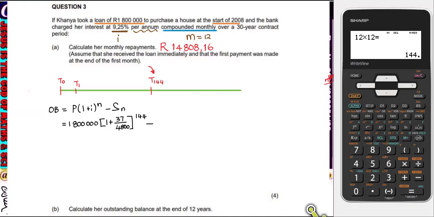Then minus. Remember, I'm using the SN formula, and the A value is supposed to be the X, because the last payment is made here, it's just X.